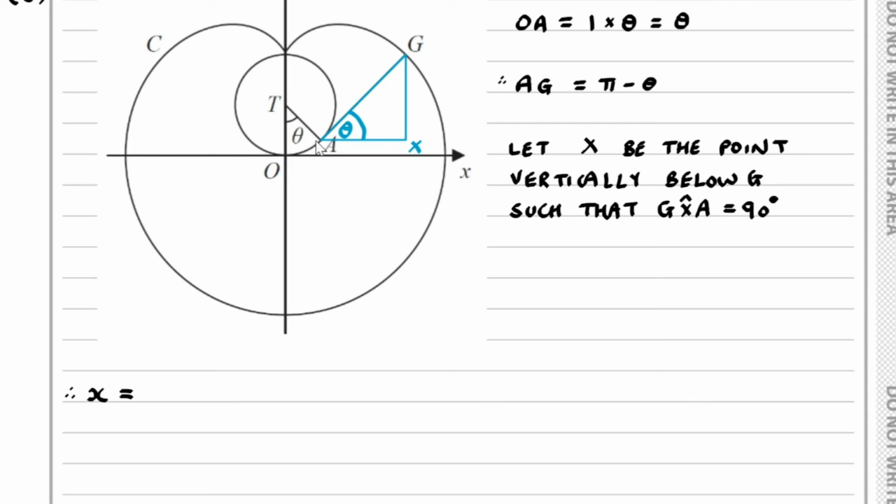We've got this component over here going across, and that will equal, well, if the circle has a radius of 1, then we've got 1 sine theta, which is just sine theta, and then we need to add on this bit over here, which is GA cos theta.